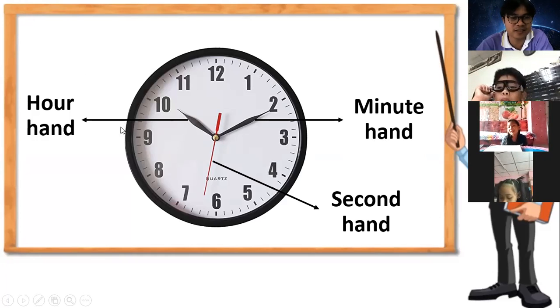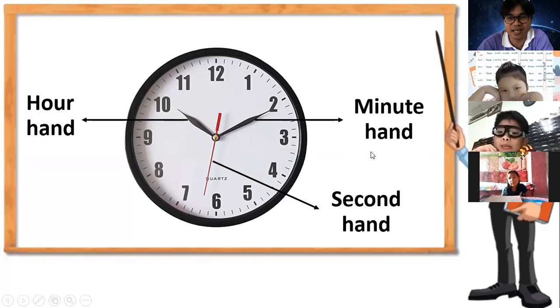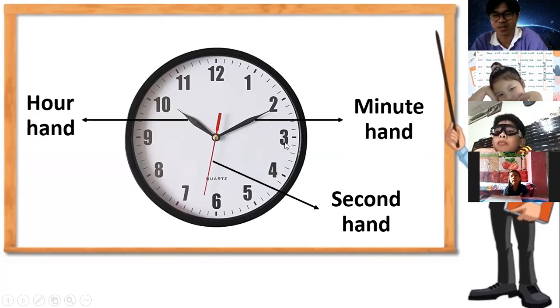All right. So this is the short hand or hour hand, and this one is the minute hand, and this one is the second hand. Some clocks don't have this second hand, only these two. But most of the clocks have a second hand.